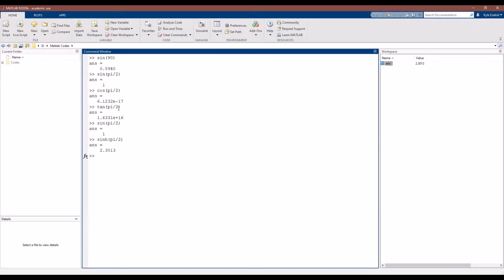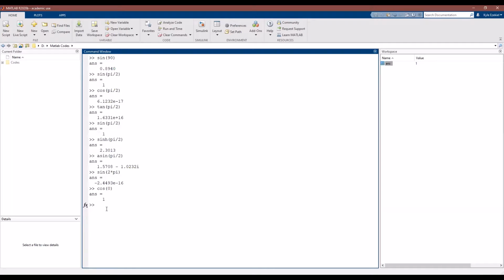Okay, so you can see your hyperbolic functions right there. You can also do arcsine, so you would get a complex number. So let's just say sine 2 times pi. Cosine of 0 should be 1.